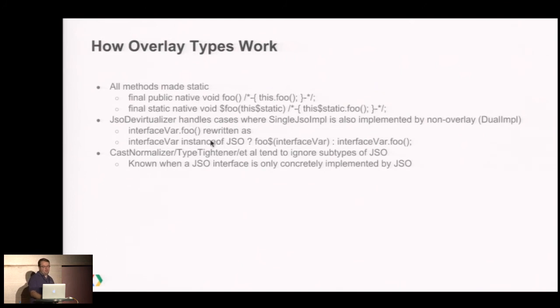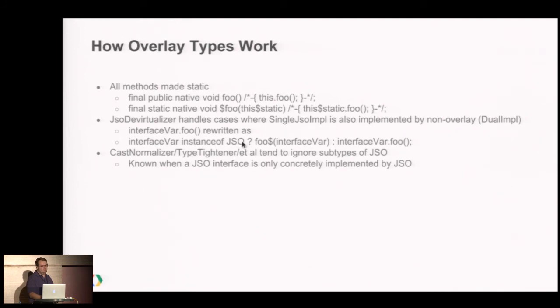There is one case where the compiler has to insert some boilerplate: when you have a Java interface that has two implementers, one of them a regular Java object, and one of them a JavaScript object. When you try to dispatch a method on that interface, like interfaceVariable.foo, the compiler has to put in what's called a trampoline. It puts in code that says, is the variable you're trying to invoke the method on an instance of a JavaScript object?